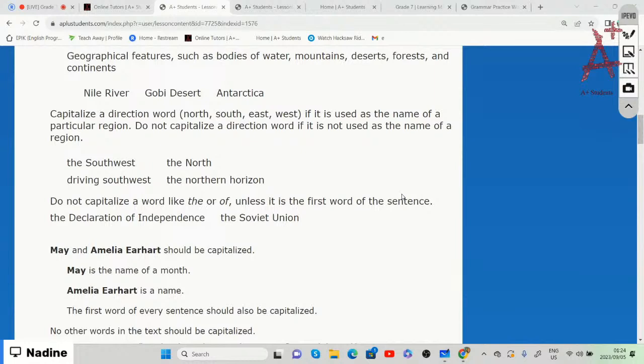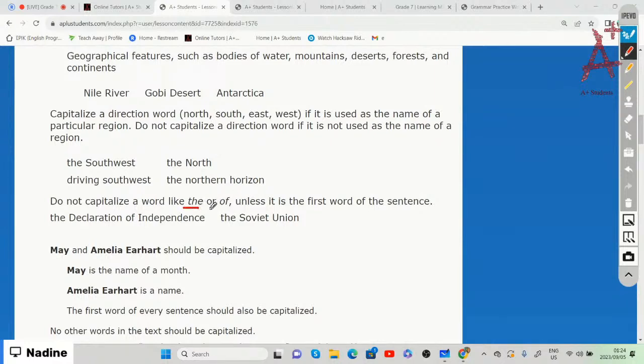The North, the South, right? We capitalize. But as soon as we say the northern horizon, the southern horizon, then we write it in lowercase. And remember, we do not capitalize words like the, and we do not capitalize the word of.